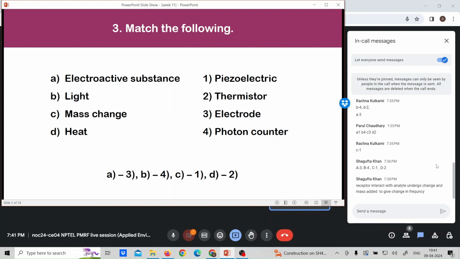and then coming to the thermistor, what is a thermistor? Also, let me know if whatever I'm explaining is not clear, and I'll repeat it. Okay, so let's talk about the thermistor now.